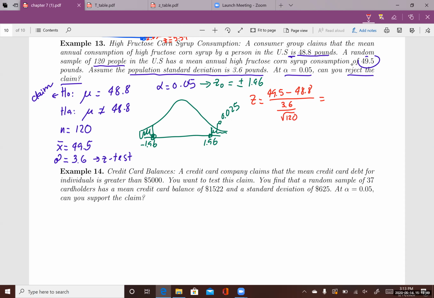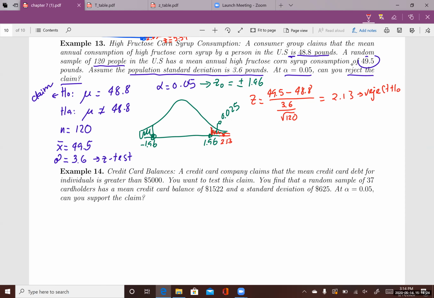Let's see what z I have. 2.13 is my standardized test statistic. And where is 2.13? It is here, so it belongs to the rejection region. Your decision is to reject the null hypothesis, right?